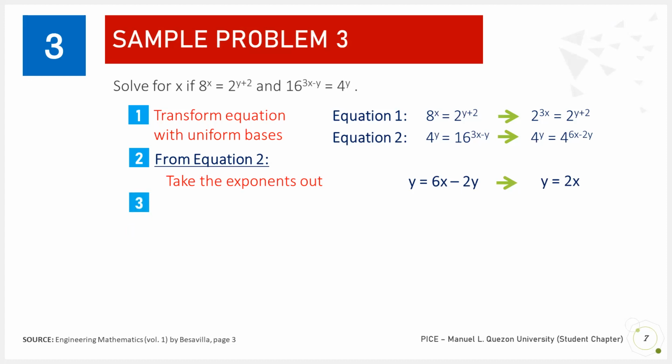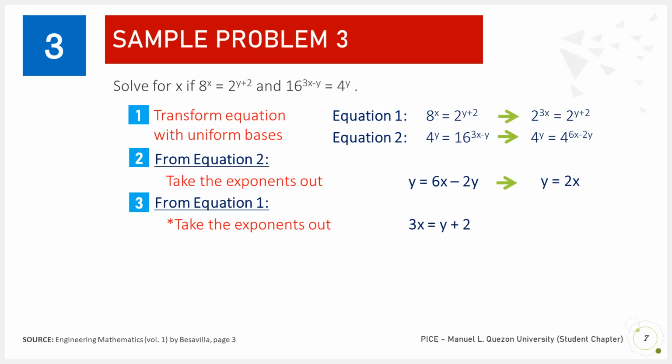And then for part 3 ng ating solution, meron tayong gagawin sa equation 1. So sa equation 1, again, same principle na ginawa natin sa equation 2. So we take the exponents out as well. So ang exponents ng equation 1 is 3x is equal to y plus 2.